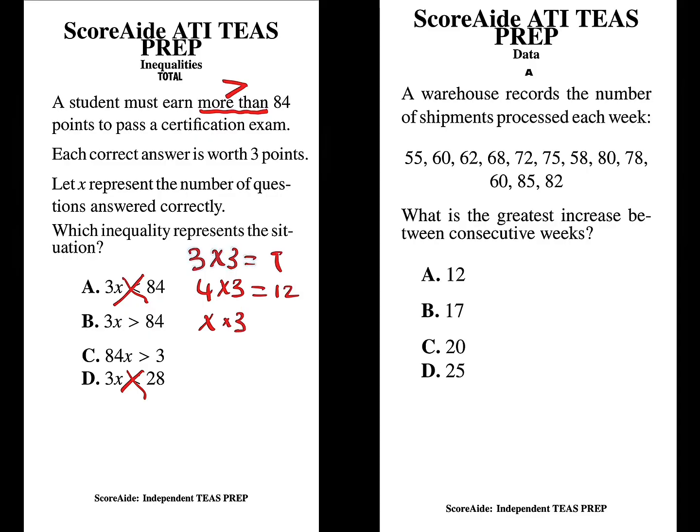So the total number here is gonna be 3x. Therefore 3x must always be greater than what? 84. You see that? So this is gonna be the inequality because you must score more than 84 points to pass the certification exam. Not 84, but more than 84 points to pass the certification exam. So the answer is gonna be B.